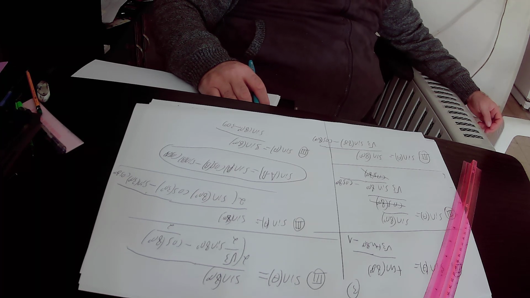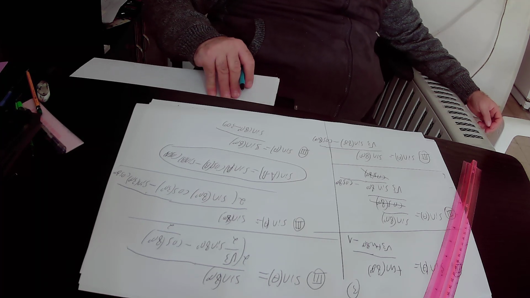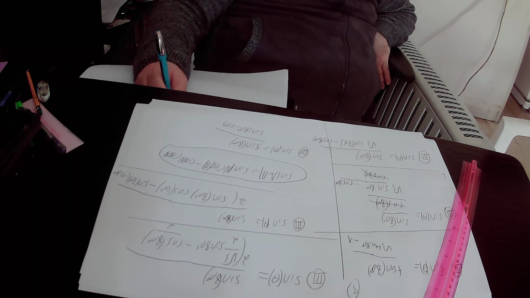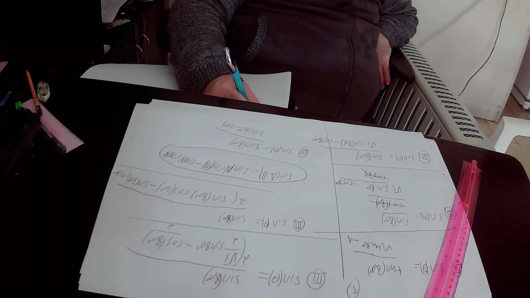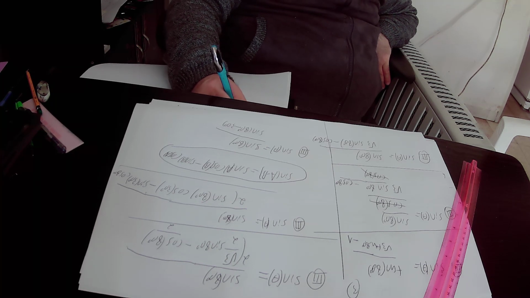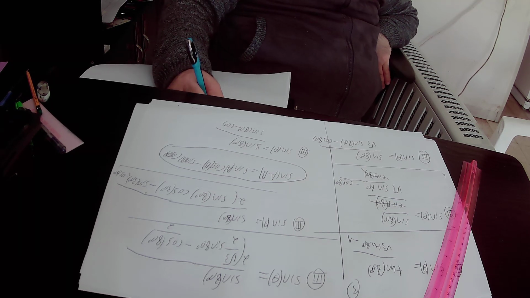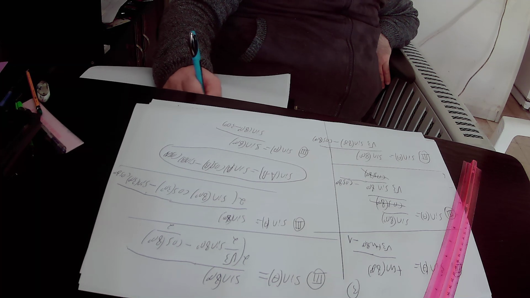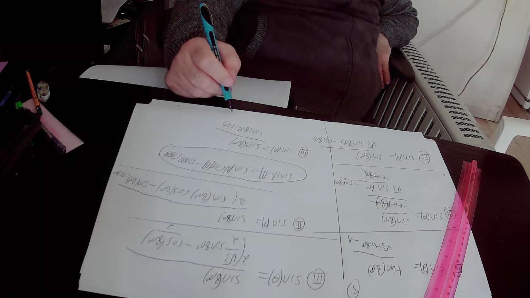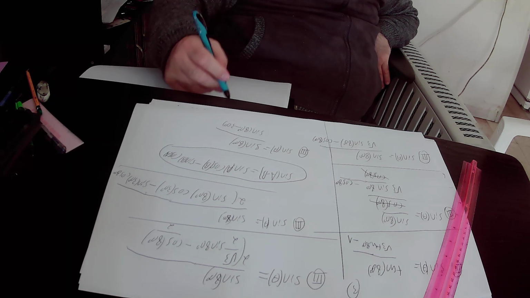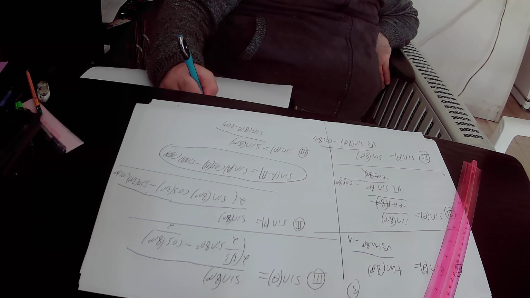So, according to equation number 3, we will get that sine theta equals sine 80 degrees over sine of 80 degrees minus 30 degrees, which is 50 degrees, so it is sine 50 degrees.